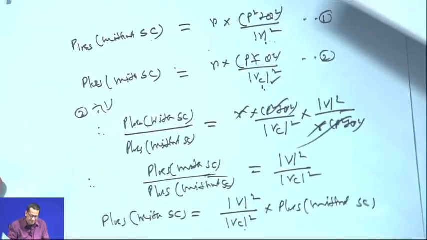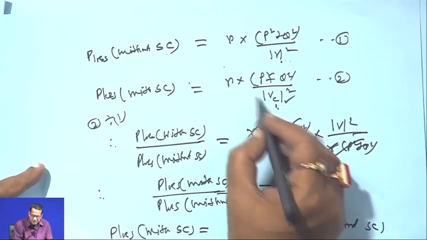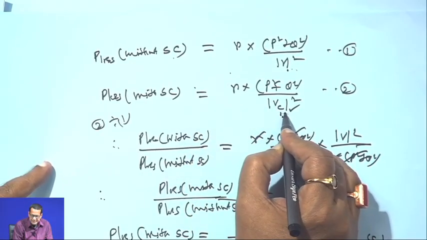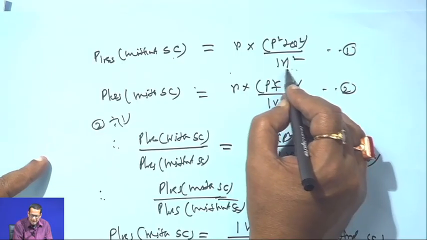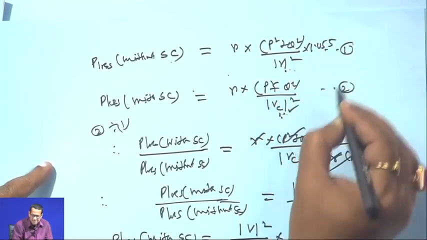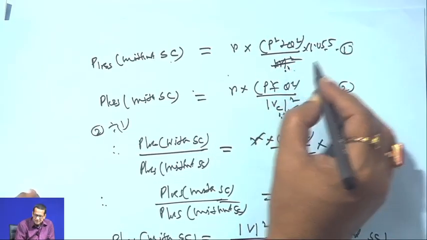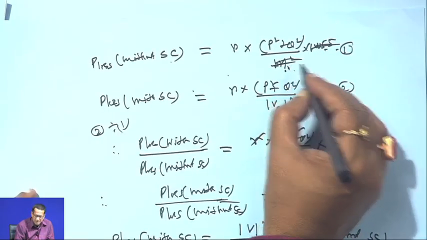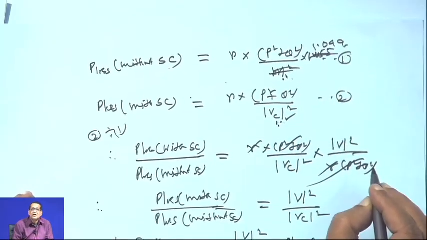For the purpose of explanation, if Vc is equal to 1.0, P loss will be R into P square plus Q square. But if it is 0.95, it will be approximately 1.099 something, right.